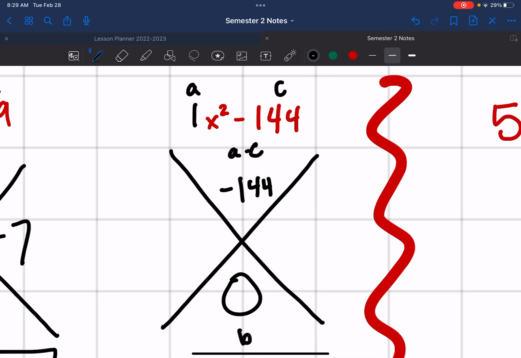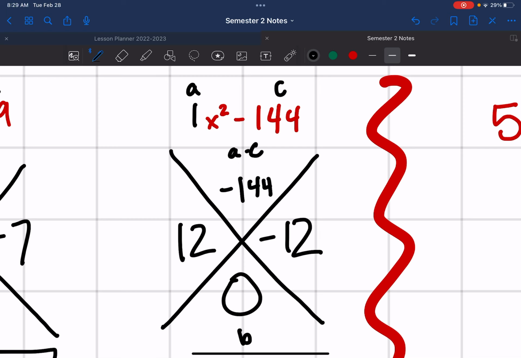Now, again, I know that both of my answers on these two sides are going to end up being the same number. So I'm really just thinking about perfect squares right now. And I know just off the top of my head that 12 times negative 12 will give me my answer without writing out all of the factors. If you want to write out the factors, you can.